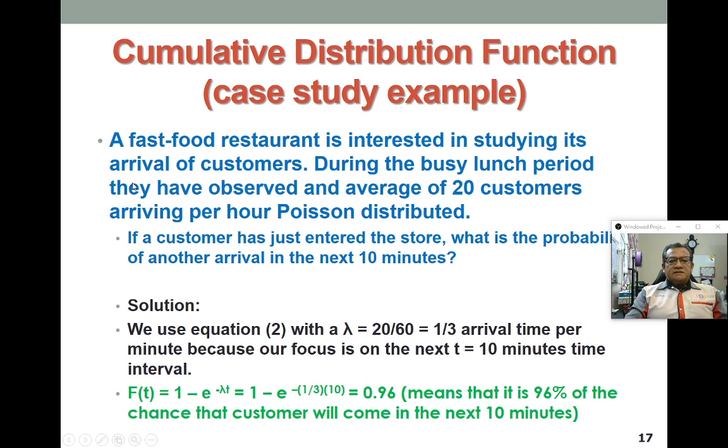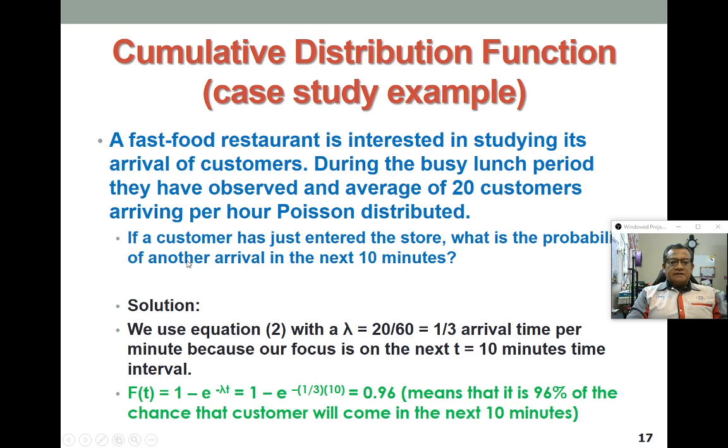This fast food restaurant wants to study the arrival of its customers. During the busy lunch period, they have observed an average of 20 customers arriving per hour. Basically a big number of customers. So if it is 3 hours, there are going to be 60 customers, and 5 hours is going to be 100 customers. However, based on the Poisson distribution, arrivals of customers are normally distributed.